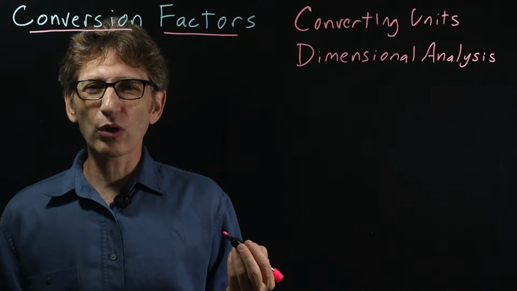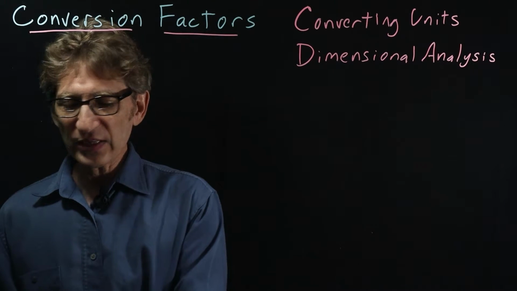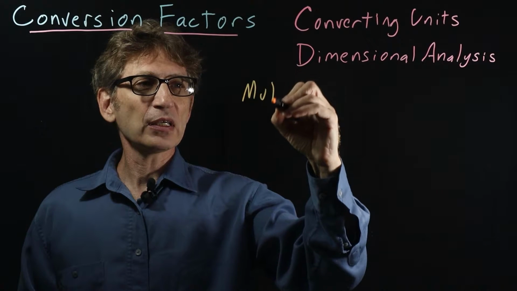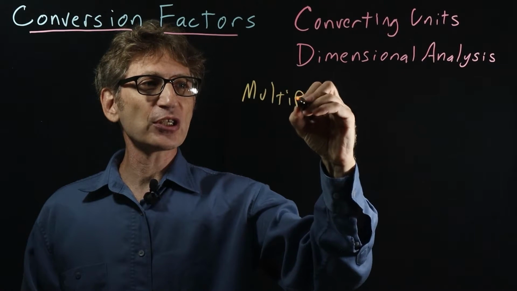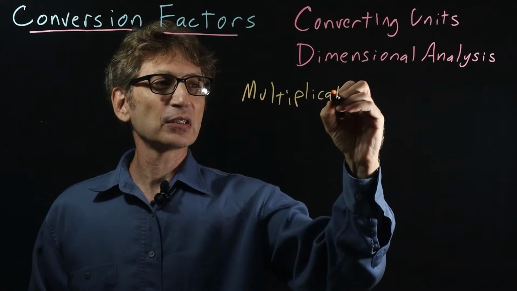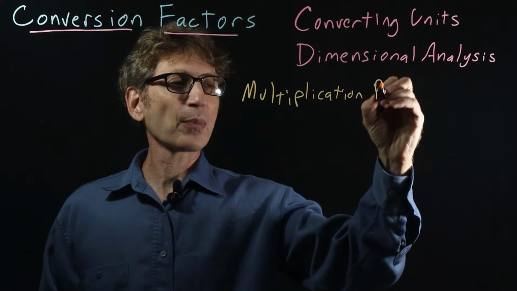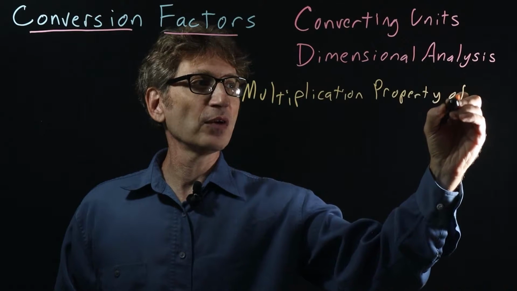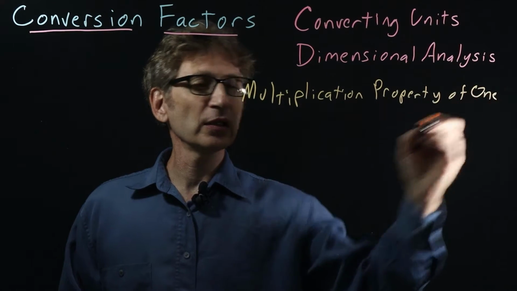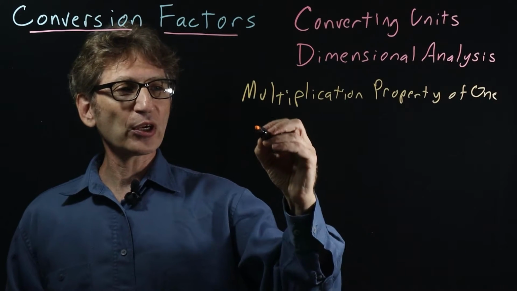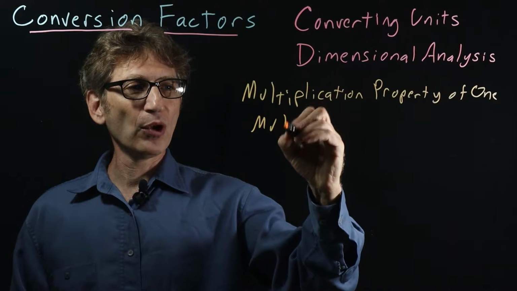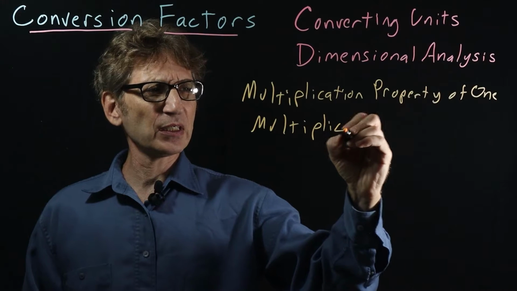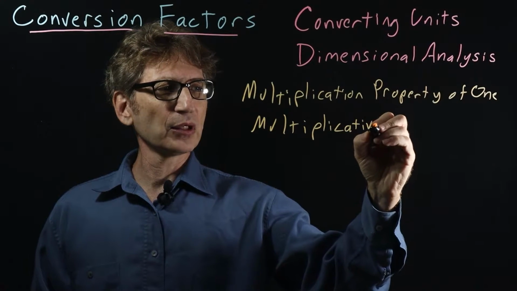The reason they work is because of this basic property of math called the multiplication property of 1. Sometimes you'll hear it referred to as the multiplicative identity. Multiplicative, that's a fun word.